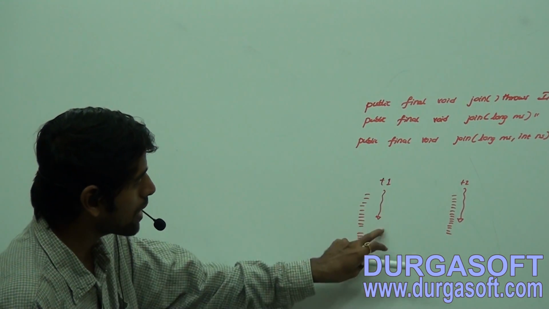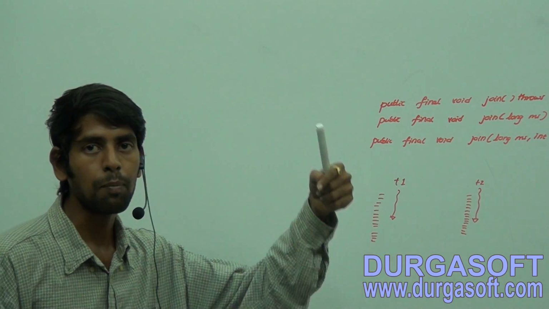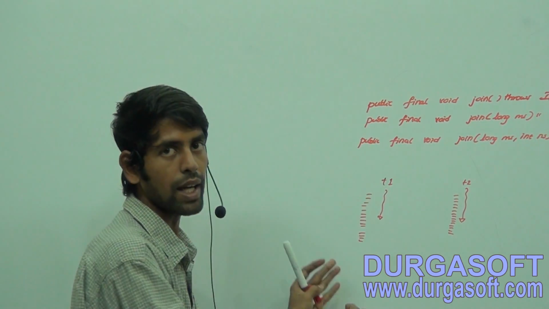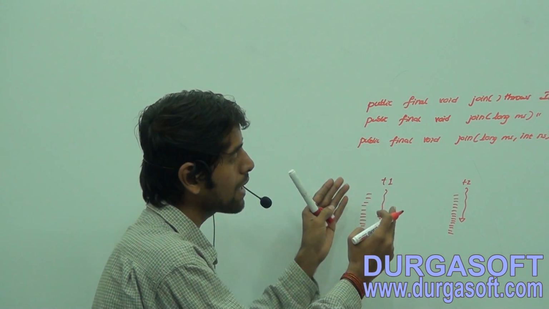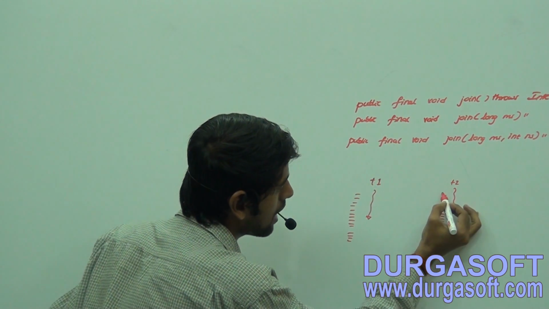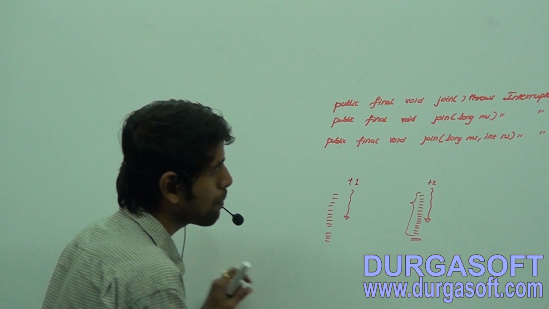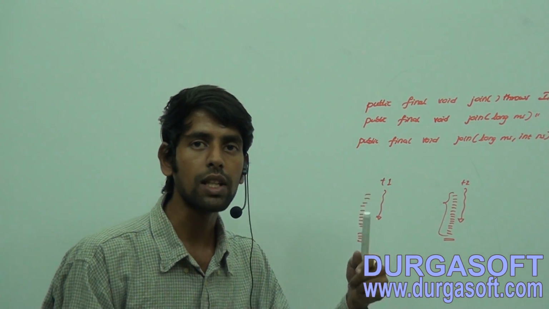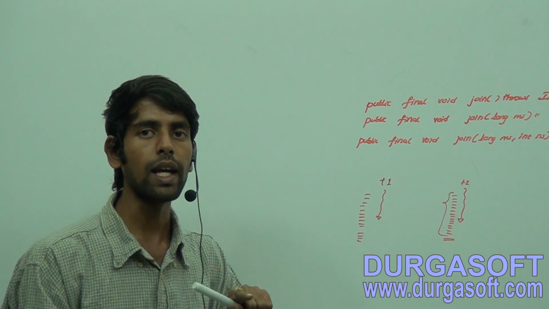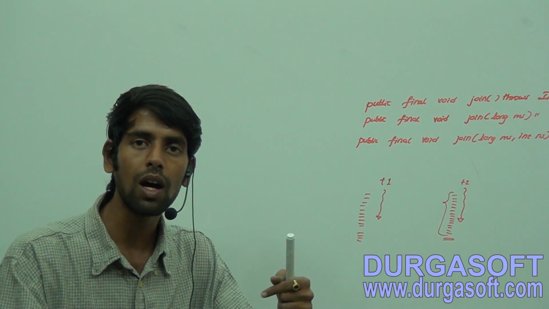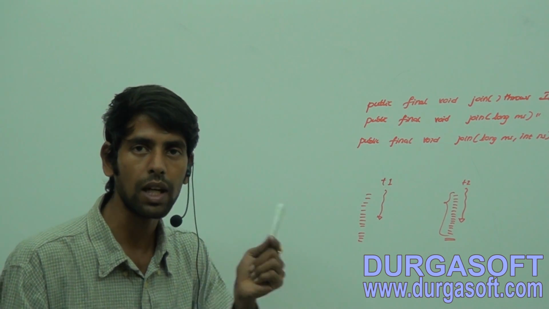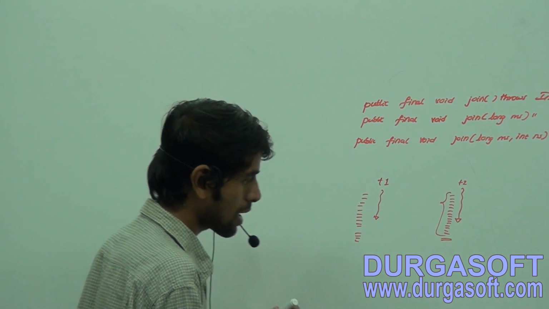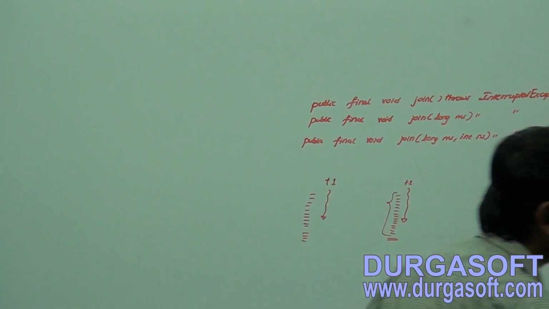Now T1 has to wait until T2 completes its execution, until the last instruction gets executed by T2. After T2 completes its last instruction, then T1 has to start execution, then the control should come to T1.